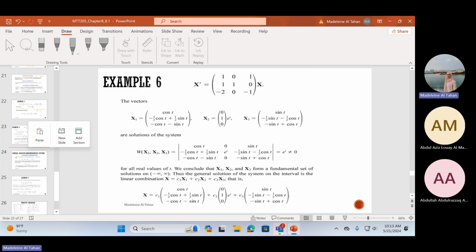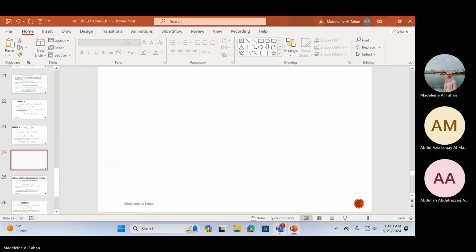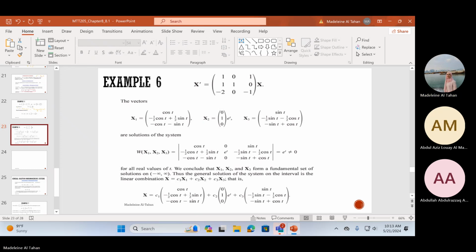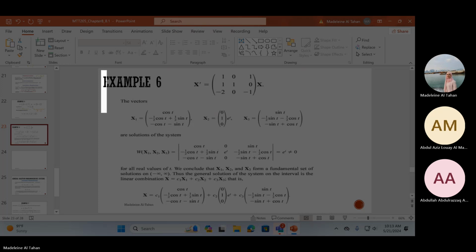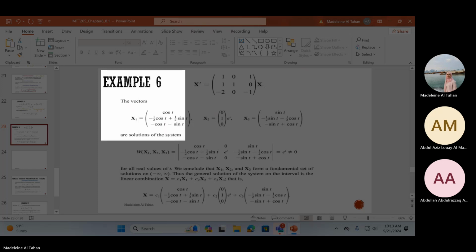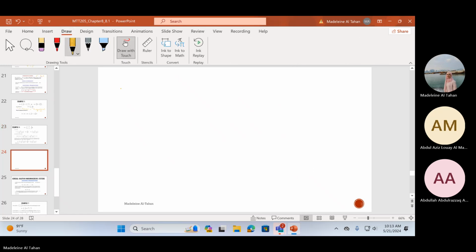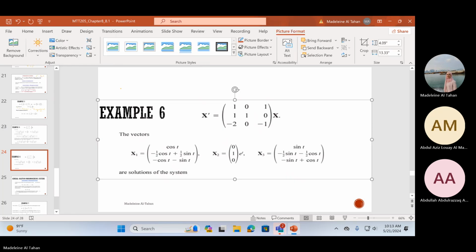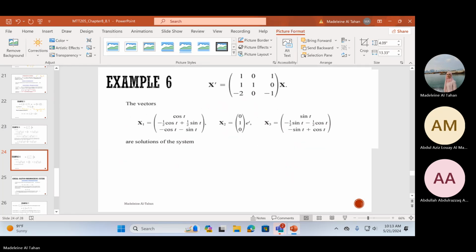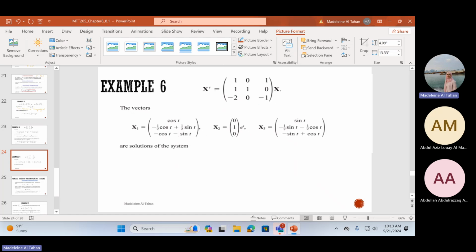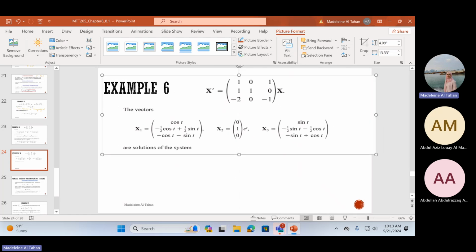Let's do another example, and you will do it alone. Okay, we have this one. How many equations do we have? 3 equations, 3 unknowns. How many vectors are we given as solutions? 3.